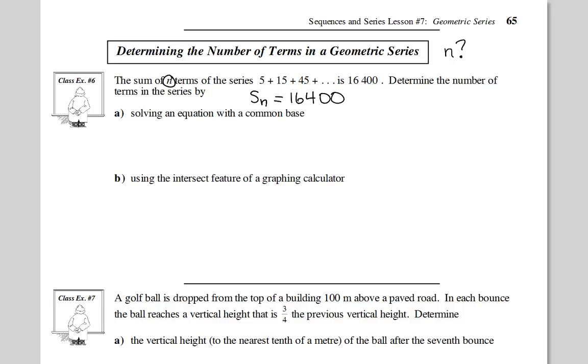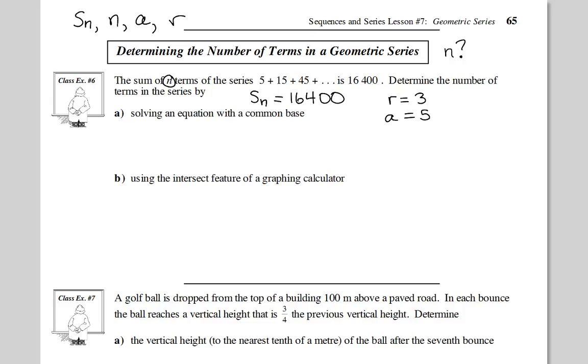But from the sequence, you can get R, which is good, and A being 5. So again, if you look at the very first thing we looked at, if any three of these values are known, the fourth can be determined.